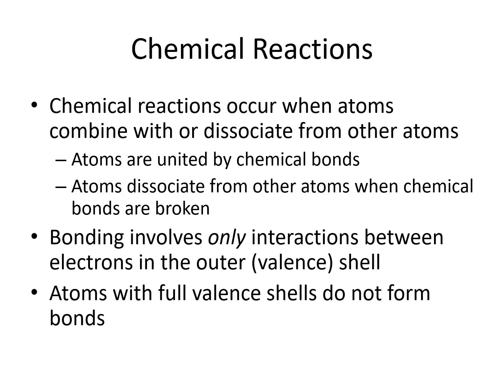And so the cool thing about chemical reactions, when two atoms come together, is that what allows them to react are the electrons, right? Chemical reactions occur when atoms combine with or dissociate from other atoms, and this is only the interaction between the electrons of those atoms, right?